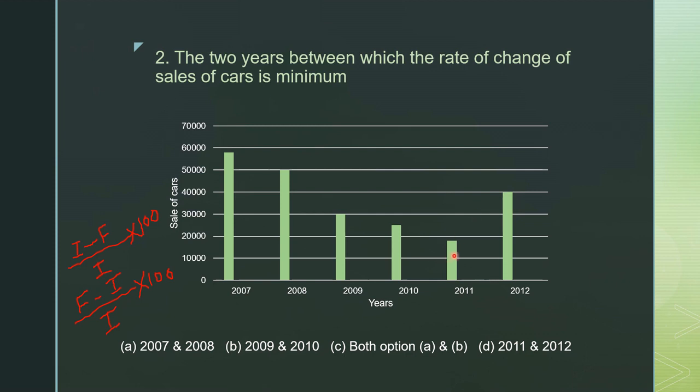This time we follow this method: final value minus initial value divided by initial value into 100. If we follow these two methods, we can easily calculate the rate of change of sales of cars. Okay, so this is the method. In the next slide we can solve this problem.